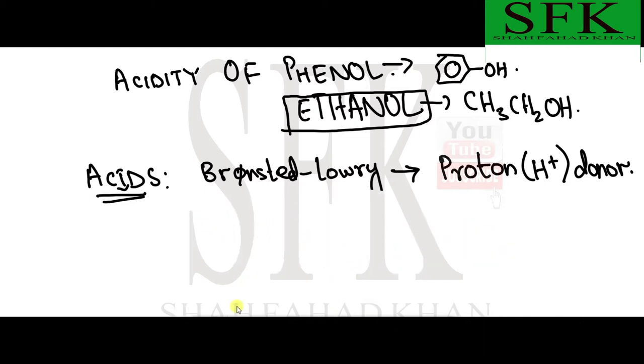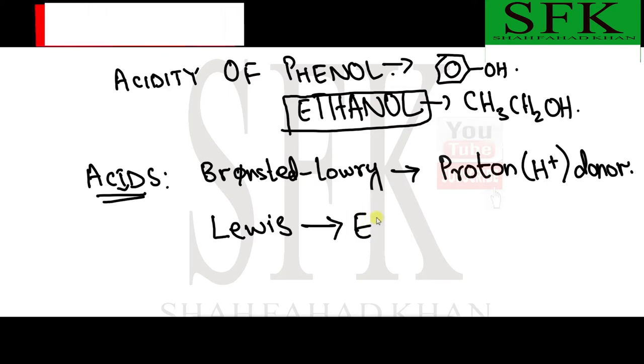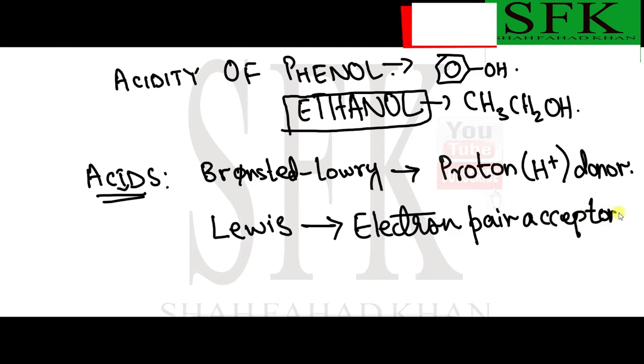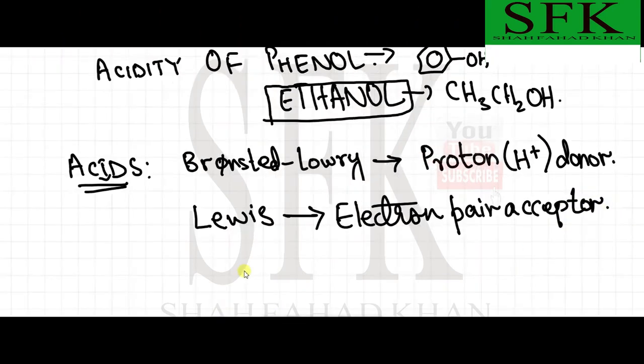Now the second definition of an acid is the Lewis definition. According to the Lewis definition, an acid is any substance that is an electron pair acceptor. So anything that accepts electrons is a Lewis acid.